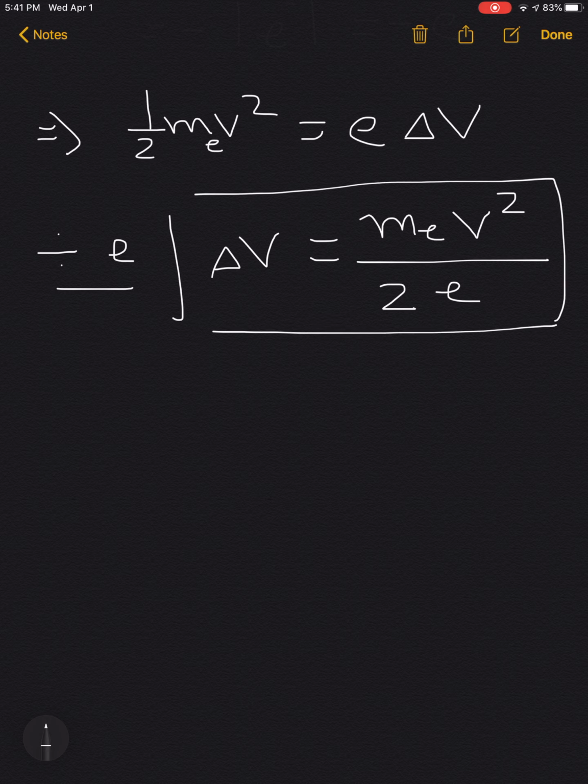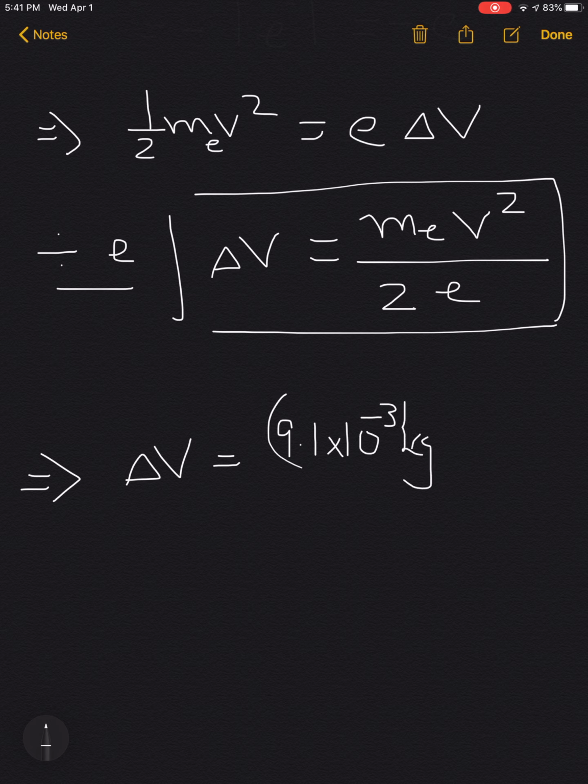Now let's write down what this is numerically. The mass of the electron, you can look it up, is 9.1 times 10 to the minus 31 kg. Then we've got 6 times 10 to the minus 7 meters per second, and we square that.